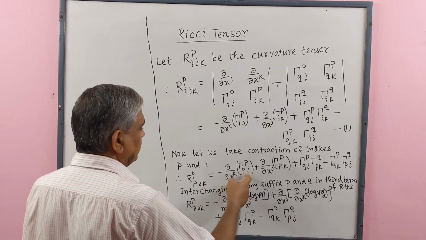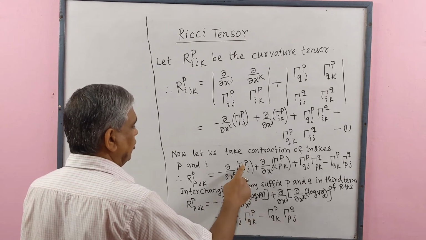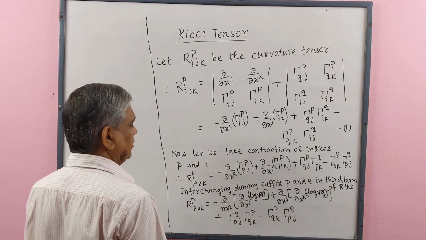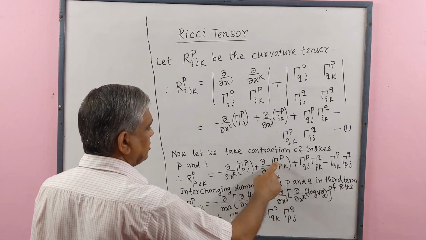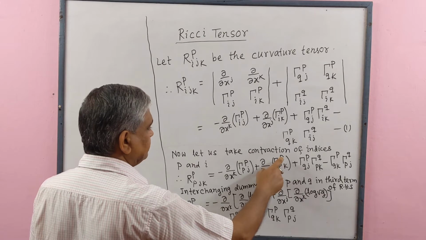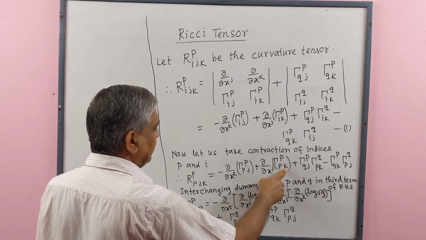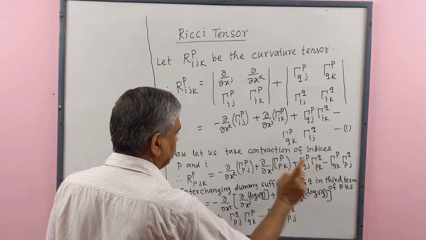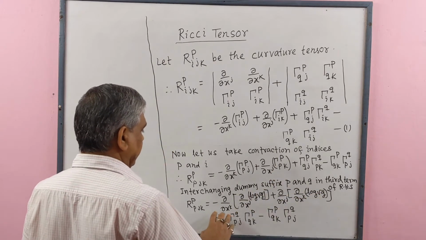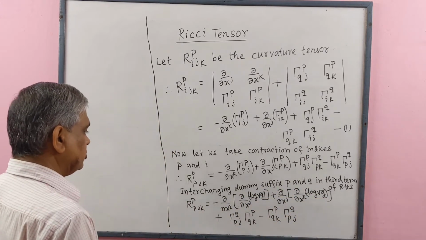This means del by del x^j of log square root g. Also here we have Christoffel symbol of second kind {p, pk}. So this will be del by del x^k of log square root g. And we get these terms.